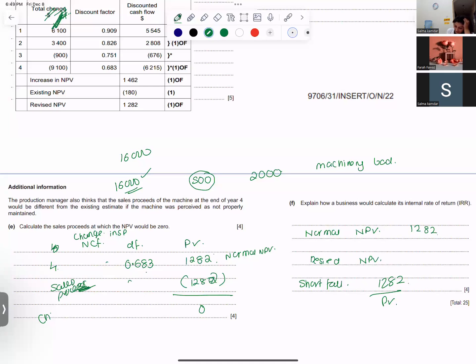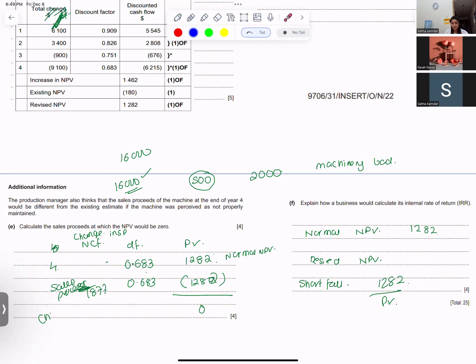So what will be your change in the sales proceeds? It'll be 1877, because we are doing everything over here based on change.